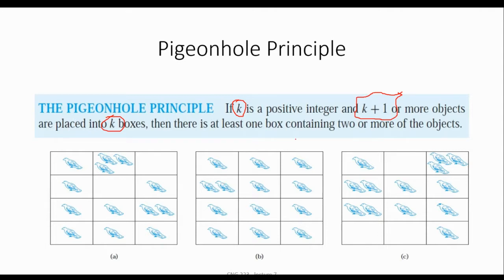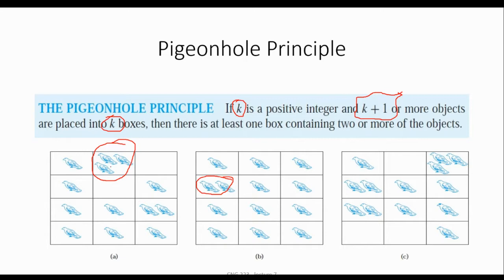In that scenario, at least one box should contain more than 1 pigeon. Yes, that's, I think, pretty obvious. And the proofs are in the book anyway. But it means that you can at least find one box containing more than 1 pigeon.